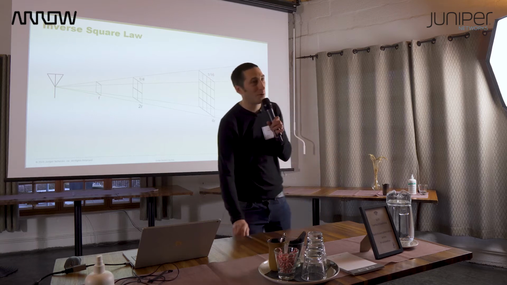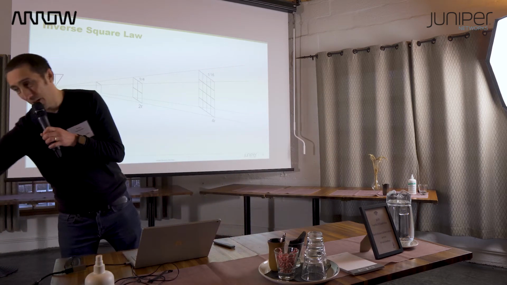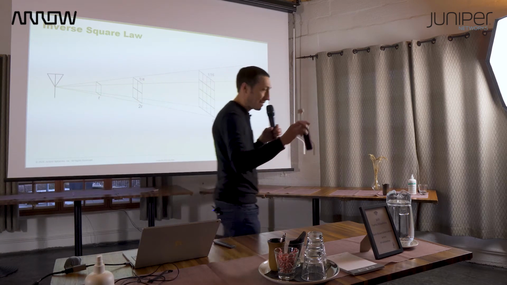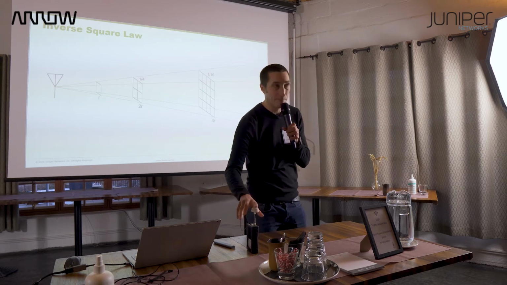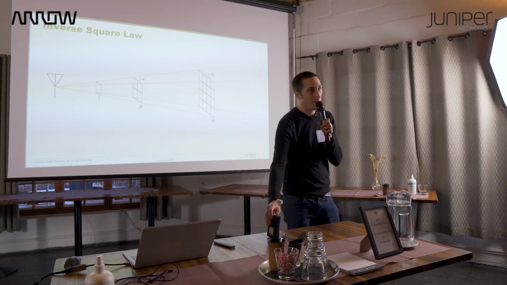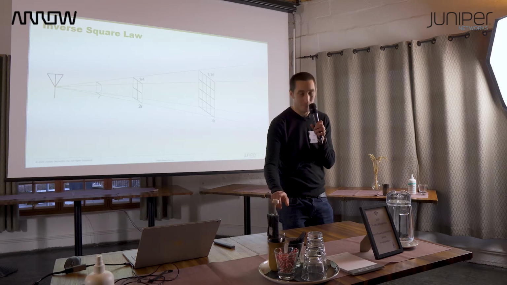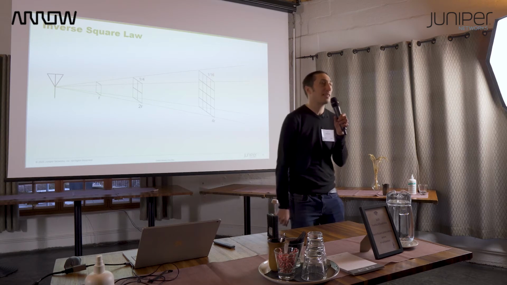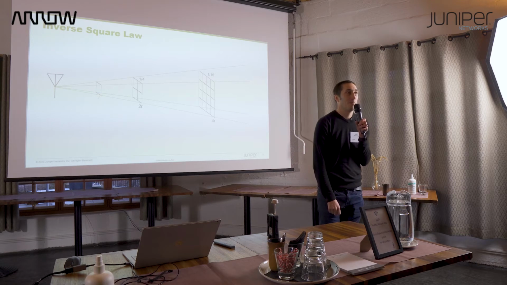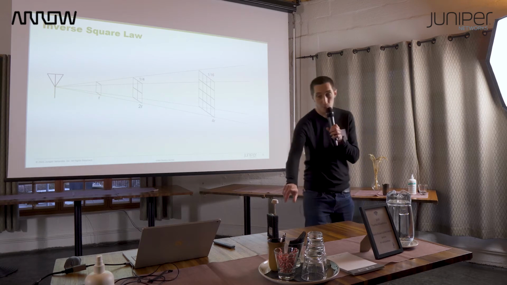Why is that so important to understand? Well, let's just pretend this is an antenna here, just for you to realise how fast the power drops off. If I measure the signal at 1 centimetre from this antenna, whatever the power is, I've measured it at 1 centimetre.